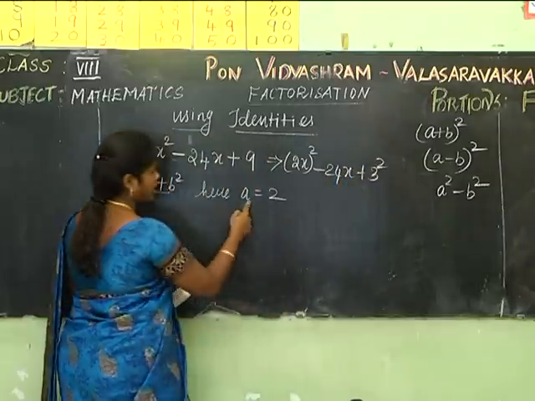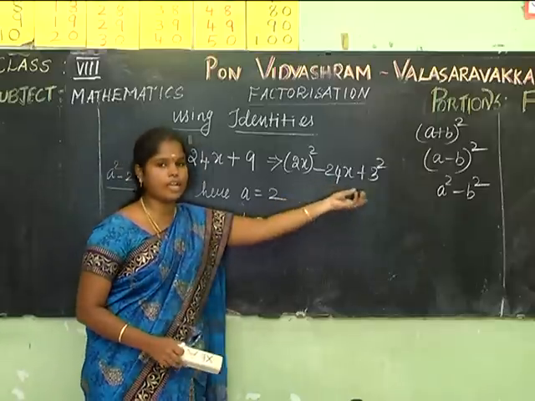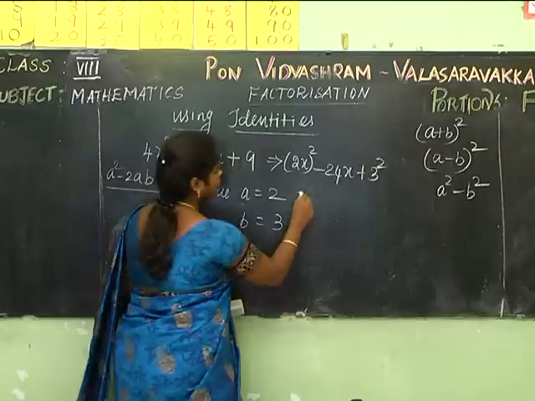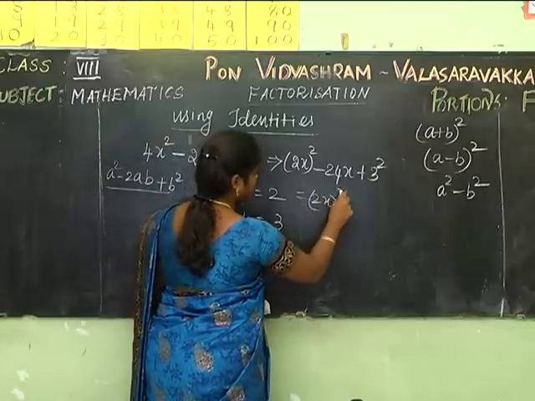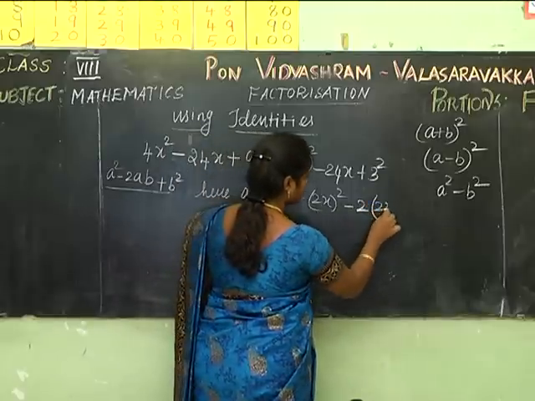So here a is equal to 2x and b is equal to 3. The middle term is the 2ab term. So a square minus 2ab, what is a here? a is 2x.